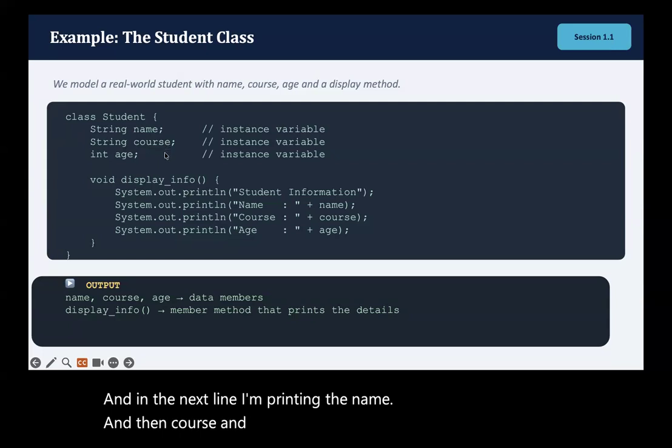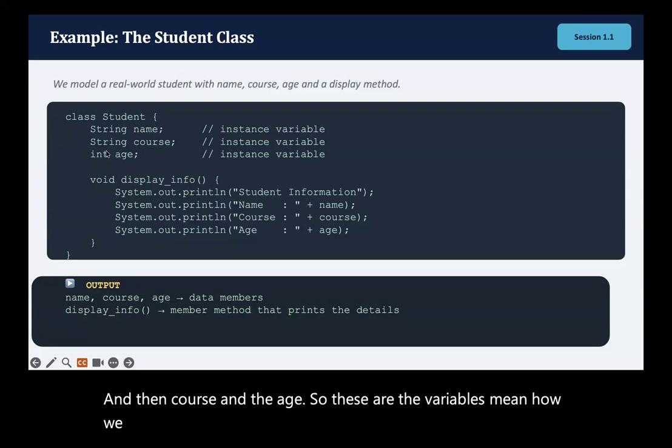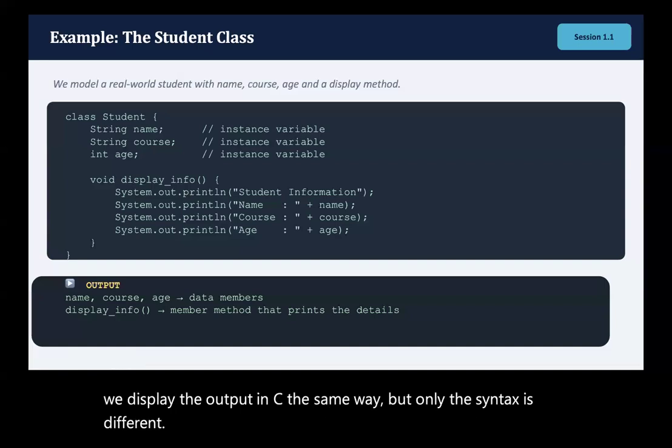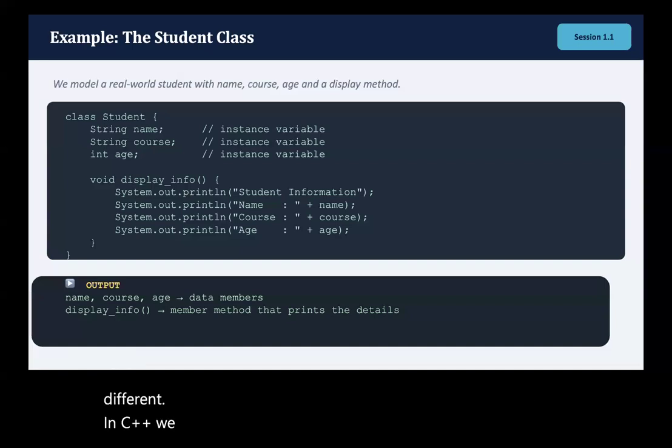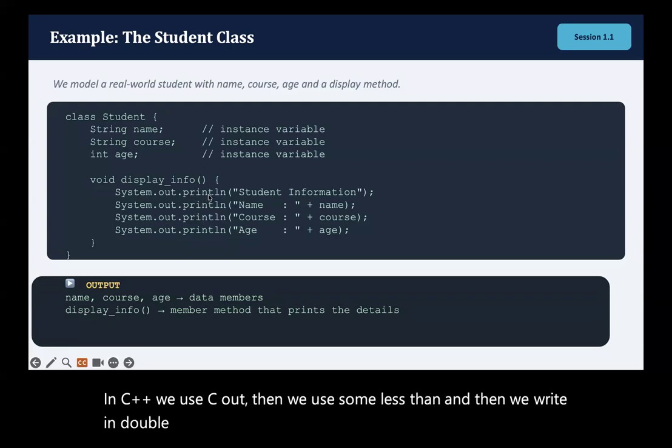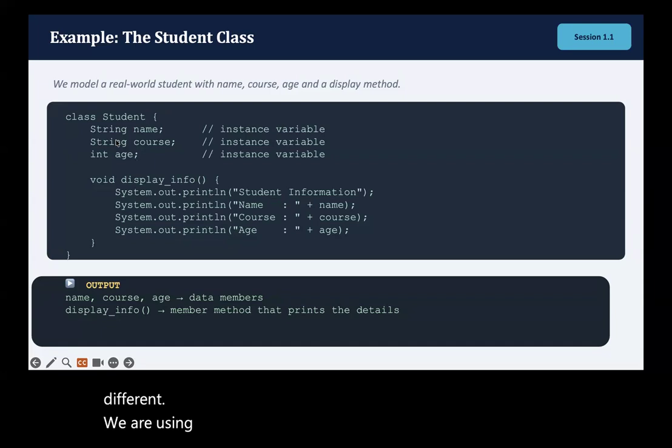These are the variables. It's the same concept as displaying output in C++, only the syntax is different. In C++, we use cout, then less than signs, and then double quotes. In Java, we use system.out.println, and in brackets you write your output.